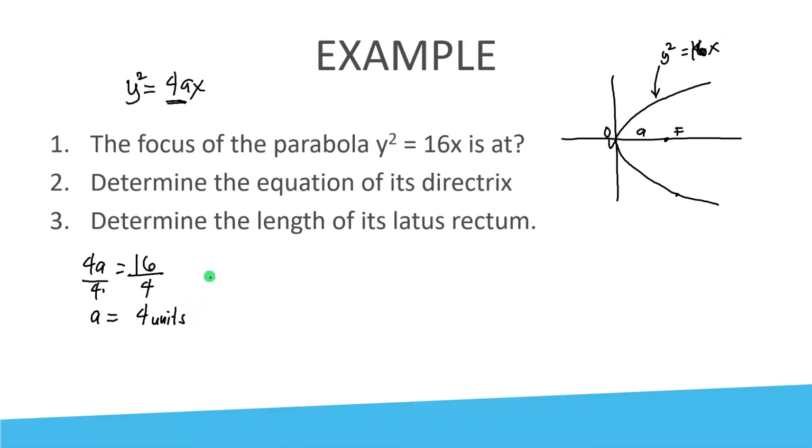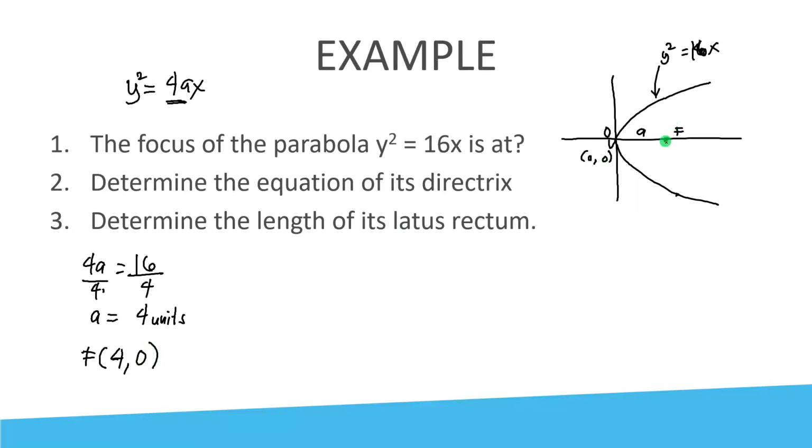For the focus, just add 0 to a, we have 4, and for the y, it's the same because it is at 0. So the focus is (4, 0). That's your answer on question number 1.